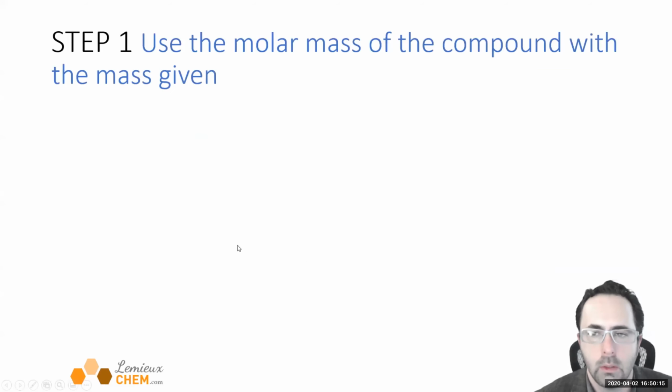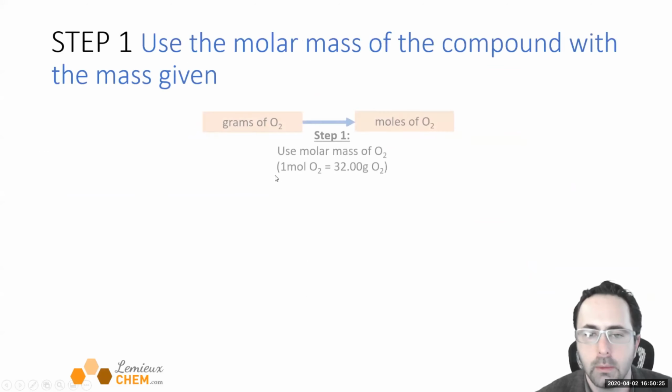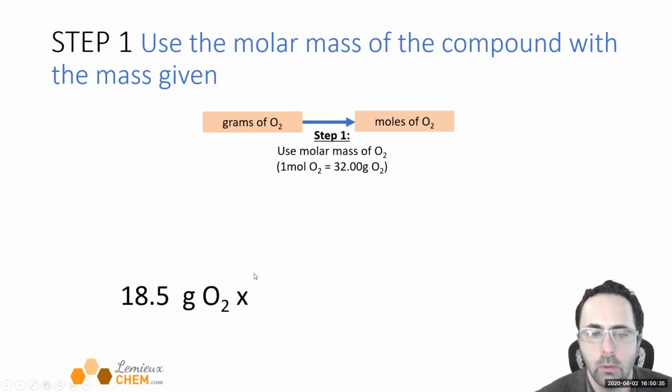So now, let's actually carry out the problem. Step 1 was going to be to use the molar mass of O2 to go from grams of O2 to moles of O2. So let's do that. We calculated earlier that the molar mass of O2 is 1 mole of O2 equals 32 grams of O2. So we take the 18.5 grams of O2, that's what we were given in the problem.